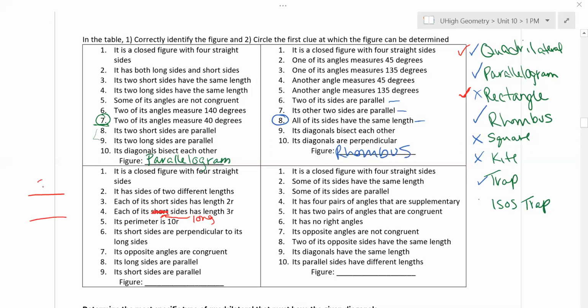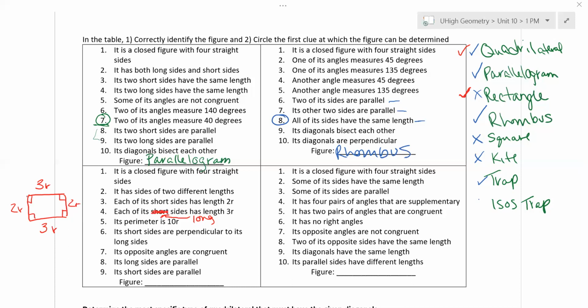If I had my 3r sides perpendicular with my 2r sides, that tells me for sure that my setup would be a rectangle.